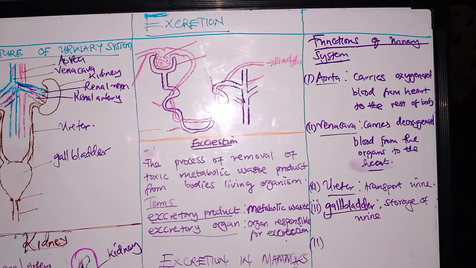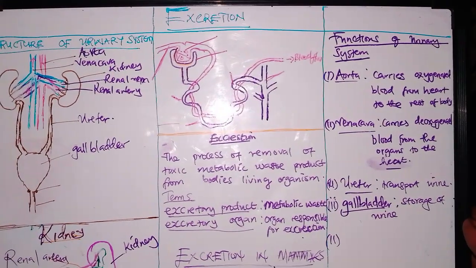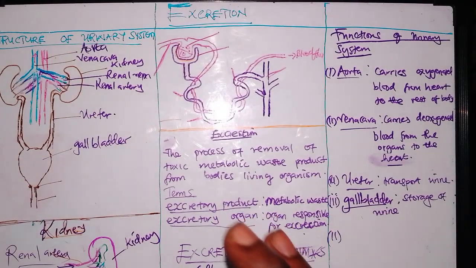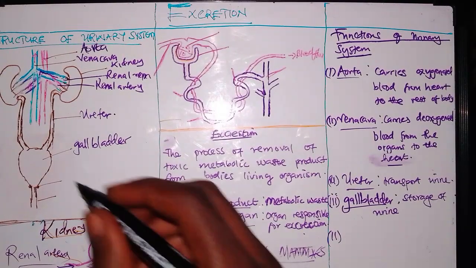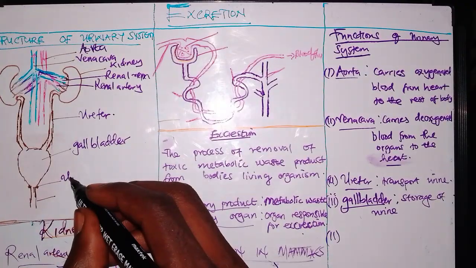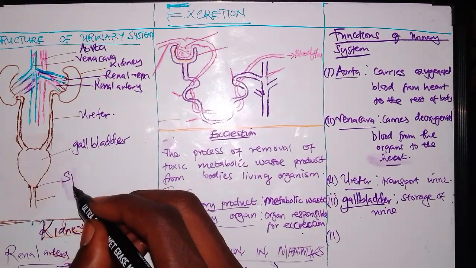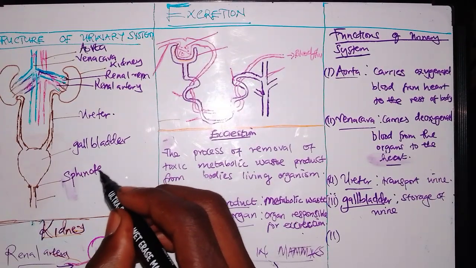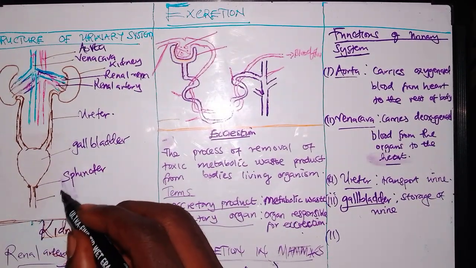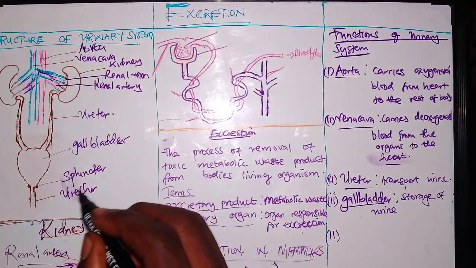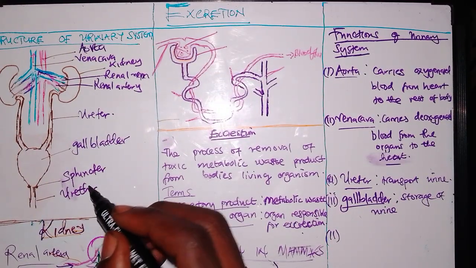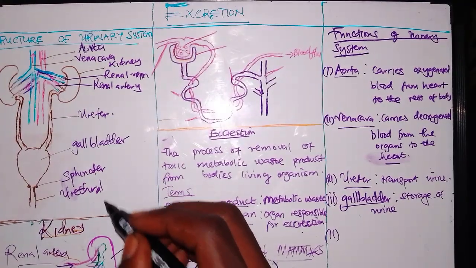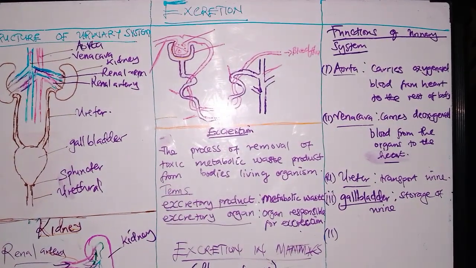Yeah. Then we have the two final structures which you need to understand under excretion. So these two structures are what are known as the urethral sphincter, or we just say the sphincter, and we have the urethra. Yeah.